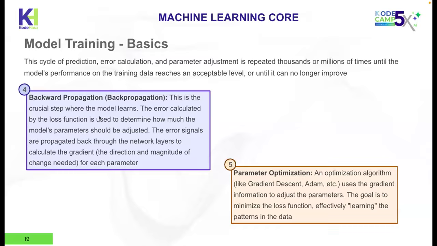So by the time you adjust the parameters based on the component of the total loss, which we call the gradient for each parameter, it will get to a point where the predicted value comes closer to the expected or desired value, right?